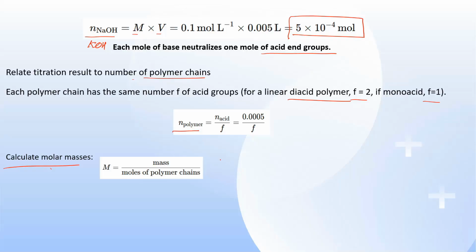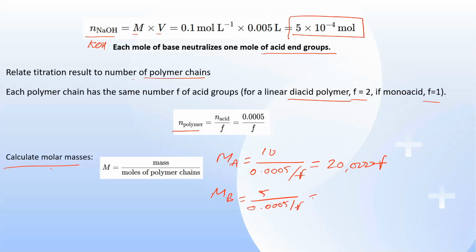So the molar mass of polymer A is Ma equal to 10 divided by 0.0005 divided by F, so it becomes 20,000 F. And for polymer B, it is 5 divided by 0.0005 divided by F, which is 10,000 F. Now if we take the ratio, Ma by Mb, it becomes 20,000 F divided by 10,000 F, and the answer is 2.0.